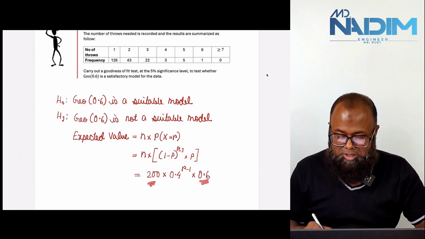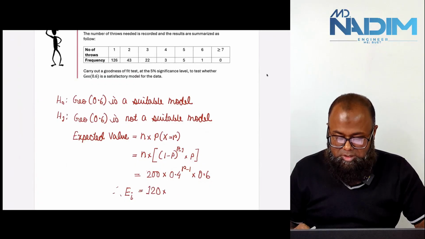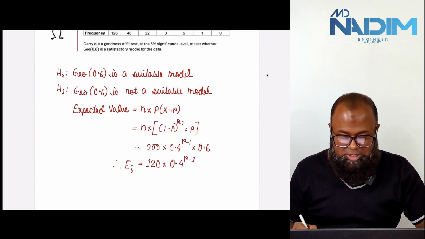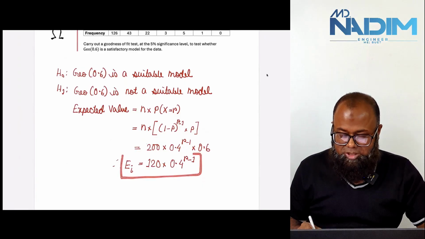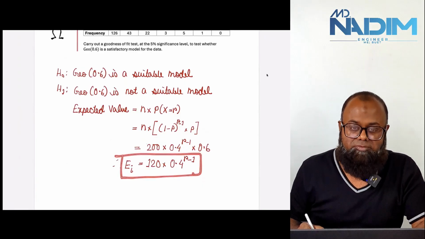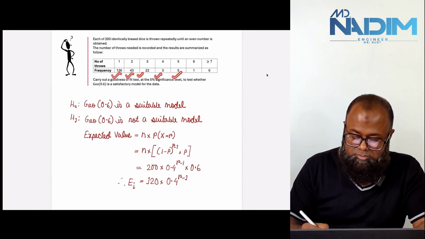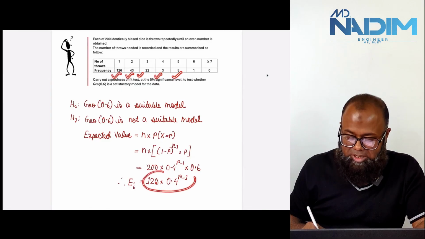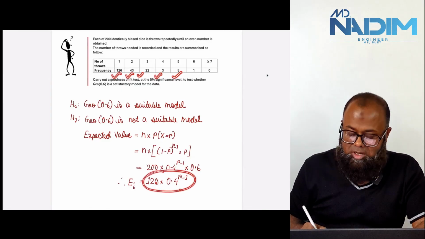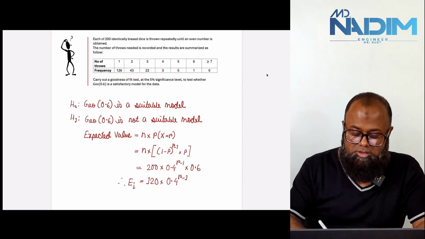If I multiply these two, this is the formula that has been generated here to find the expected value for each case. For each case, we will apply this. R is equal to 1, 2, 3.